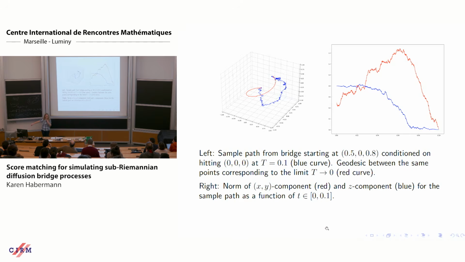And then something else to notice. This point was chosen so that we specifically didn't choose it on the z-axis. We moved it slightly away because this is a point where we actually have a unique geodesic in the Heisenberg group joining the 2 points.